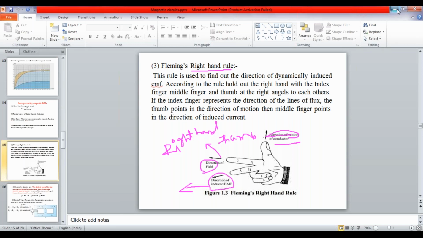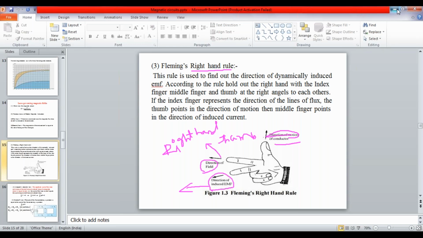So the direction of the magnetic field can be found out by using the right hand thumb rule. Right hand thumb rule is that let us hold the current carrying conductor with your right hand such that the thumb should be in the direction of current I. Then the folded fingers are going to be indicating the direction of the flux phi.